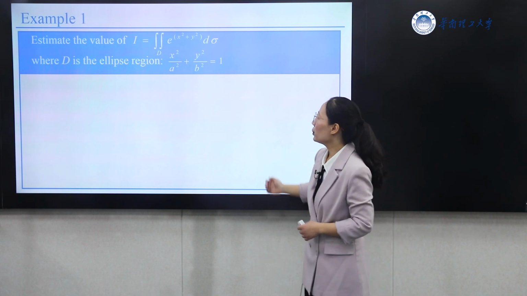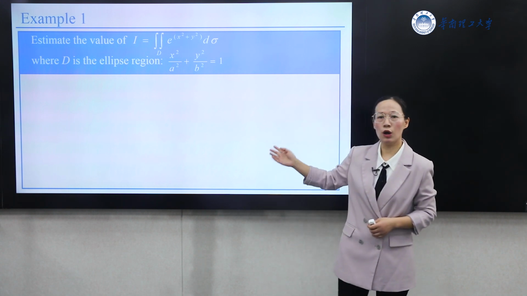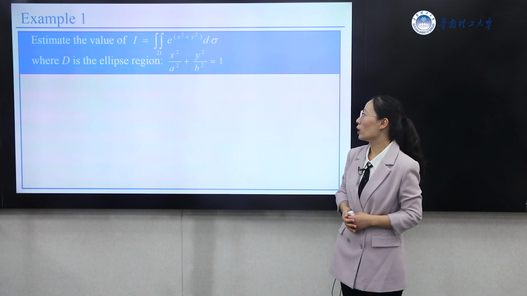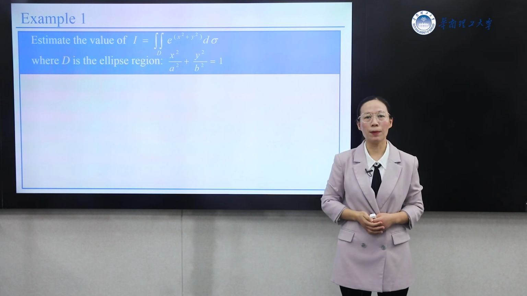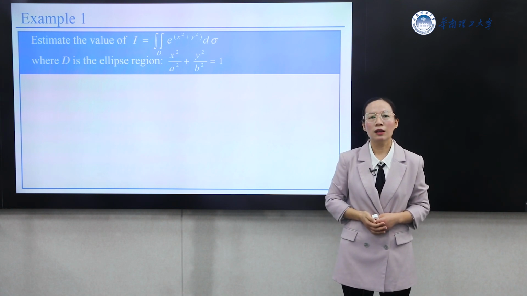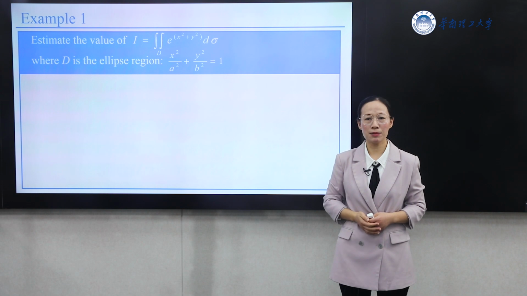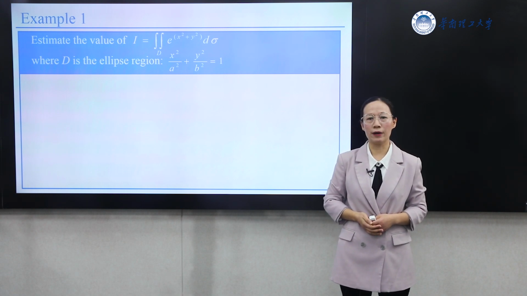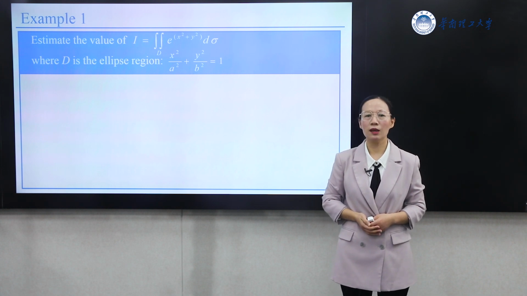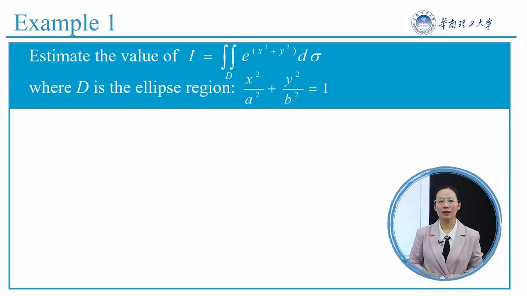Example 1. Please estimate the value of the double integral of e to the power x squared plus y squared over D, where D is the ellipse region x squared over a squared plus y squared over b squared is equal to 1.